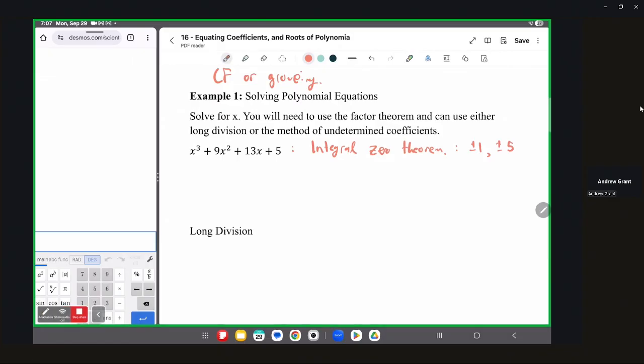In fact, if we type in here negative 1 to the power of 3 plus 9 times negative 1 squared plus 13 times negative 1 plus 5, we can see this is equal to 0.